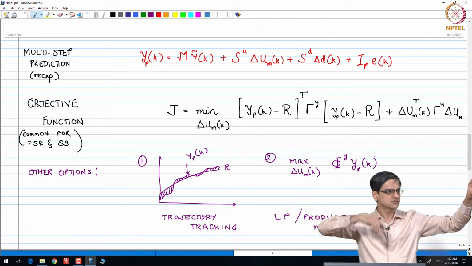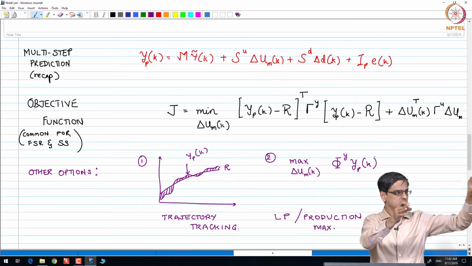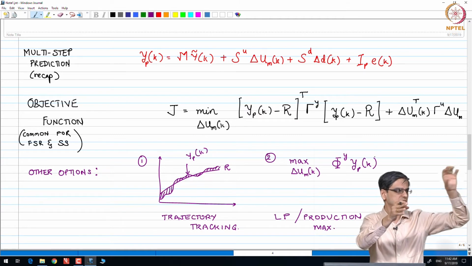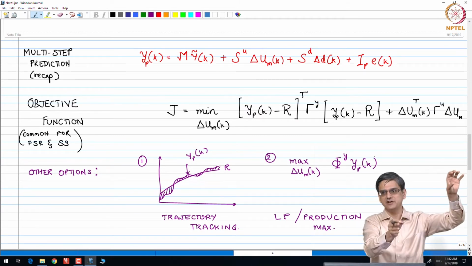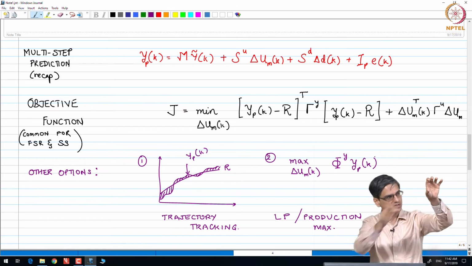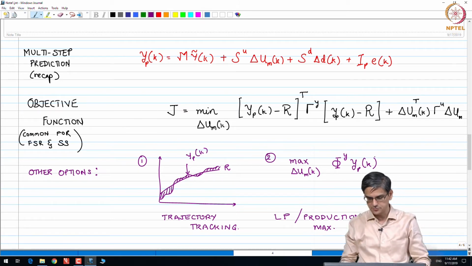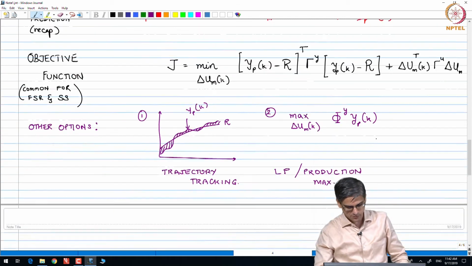So, you will have cost multiplied by y at k plus 1, plus profit multiplied by y at k plus 2, plus profit multiplied by y at k plus 3, up to k plus p. That is an example of a linear programming problem.